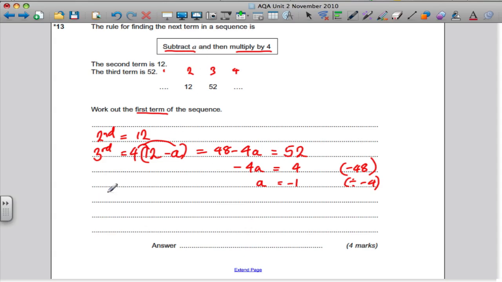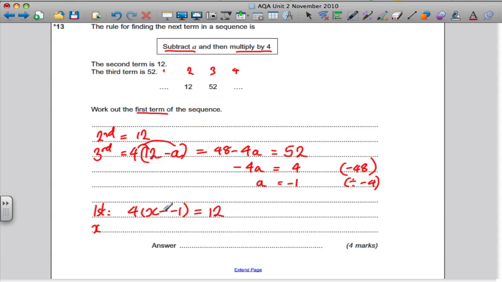Therefore, the first term, which is what we're asked to work out, let's call it x. We don't know what it is, x. We've got x, we subtract minus 1, then we times by 4, and we get our answer of 12.